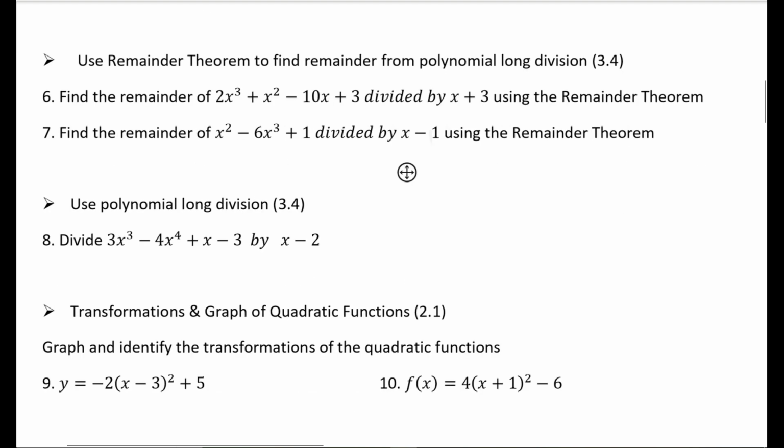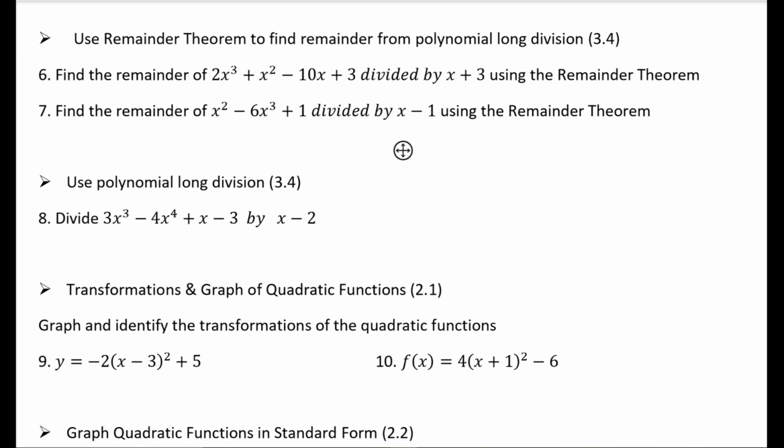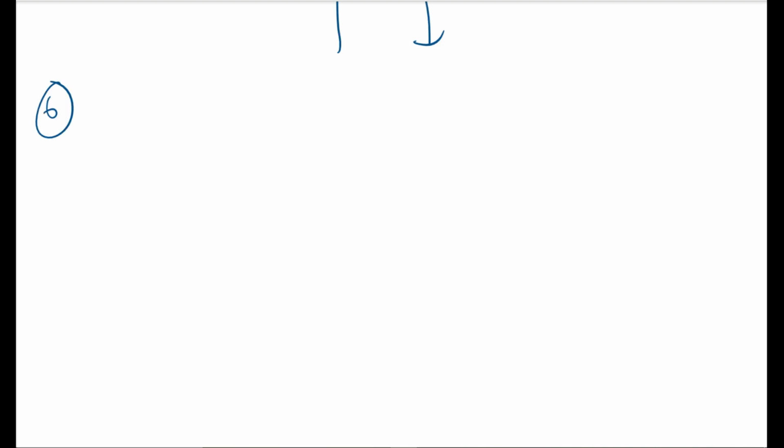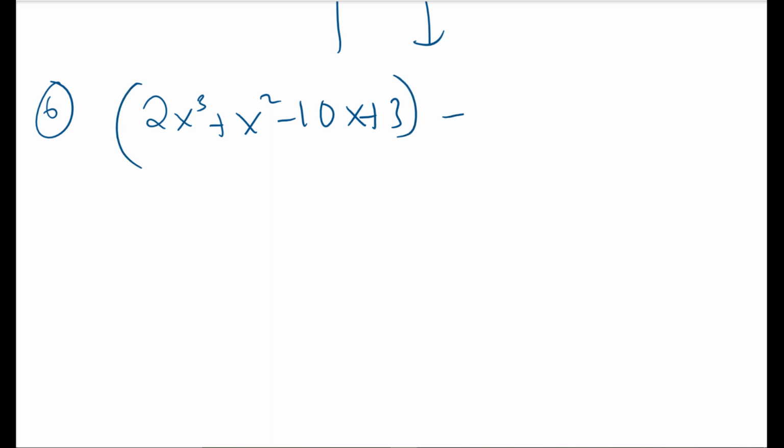All right, so now let's look at number 6. Use the remainder theorem to find the remainder from the polynomial long division. So we just have to find the remainder using the remainder theorem. Okay, so let's write out the problem for number 6. We have 2x cubed plus x squared minus 10x plus 3, and we're simply dividing this by x plus 3.